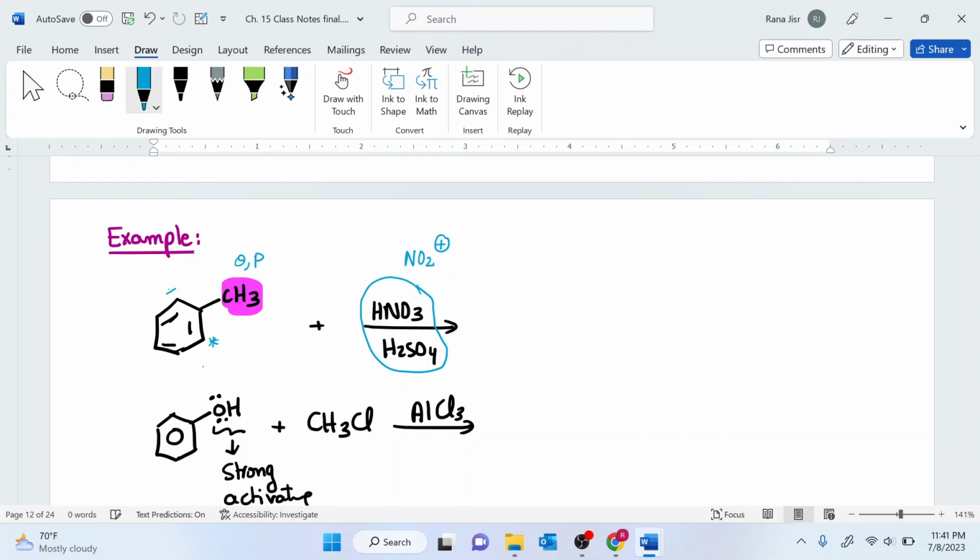I do have two ortho positions that are the same, and I have a para position. Since these two ortho positions are the same, I'm going to end up getting just one product on the ortho position and one product on the para position. So you're going to have two products in there, and this is how you write them down.